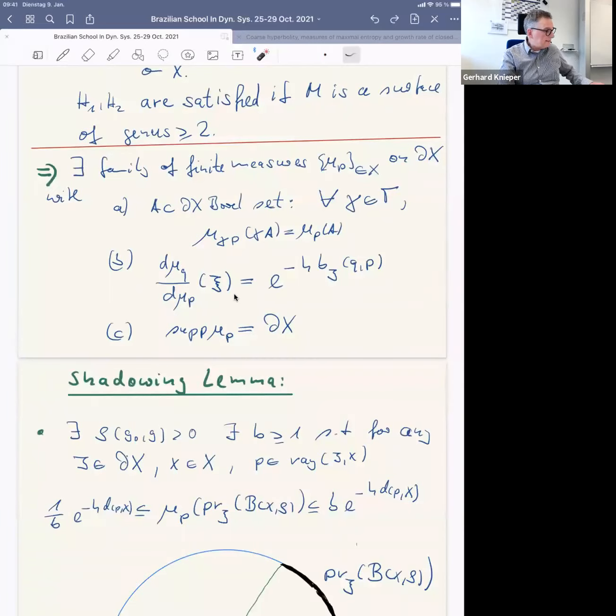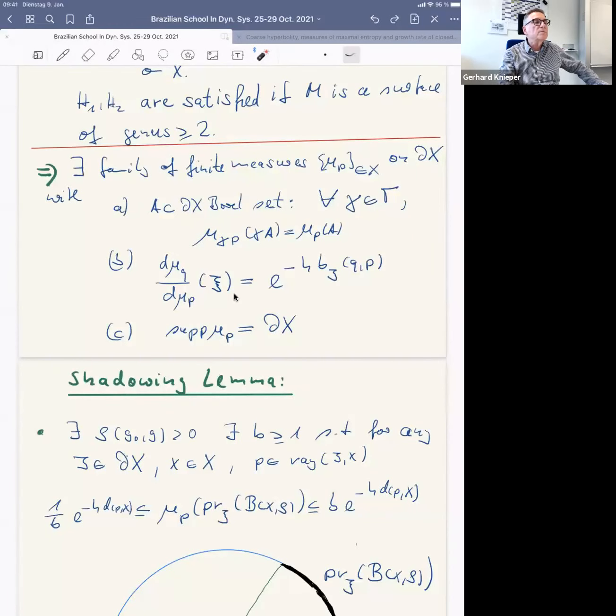The other one is that any pair of measures are absolutely continuous, and you can write down precisely the Radon-Nikodym derivative. If you choose q and p and look at the Radon-Nikodym derivative at a point xi at infinity, then it is given by e to the minus h times the Busemann function based at xi.